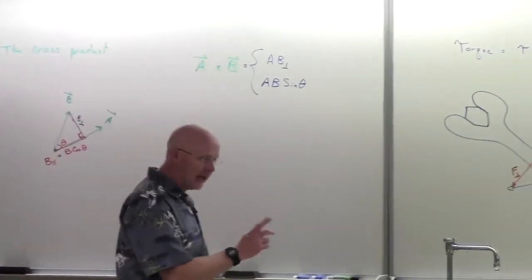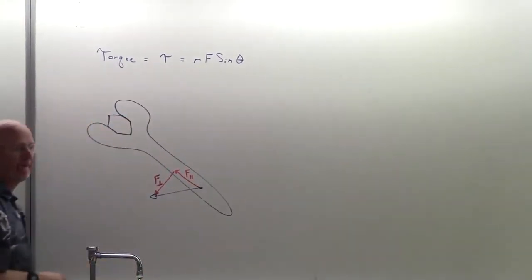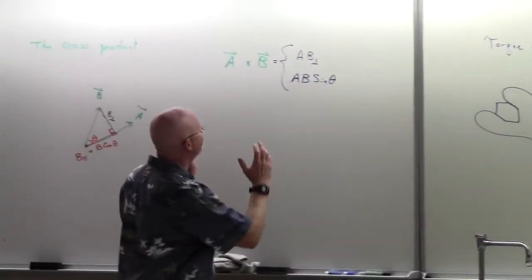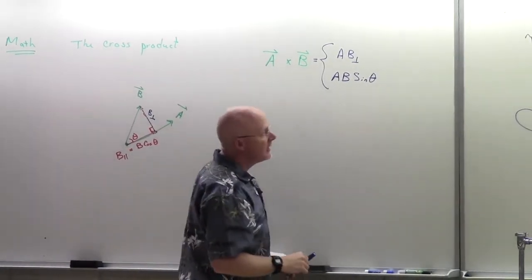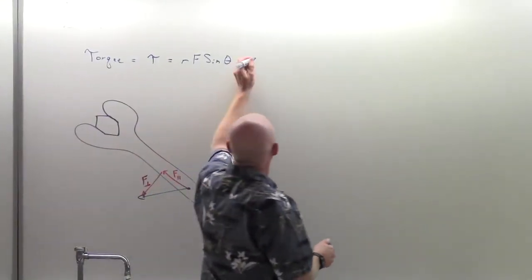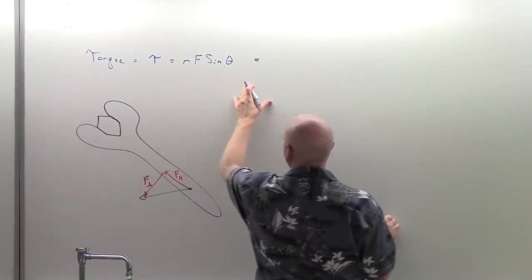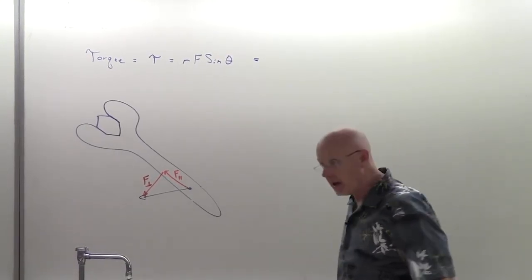All right, so again, this equation for torque is set up perfectly for a cross product. And so from here forward, we will stop writing torque as R times F times sine of the angle.